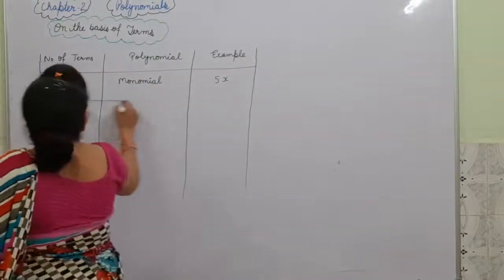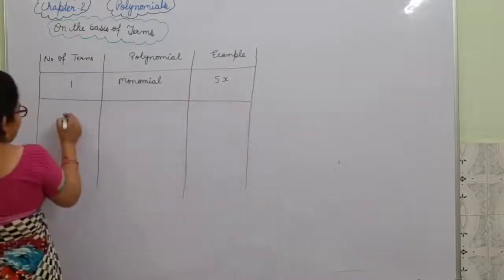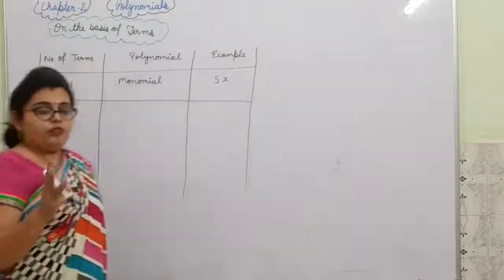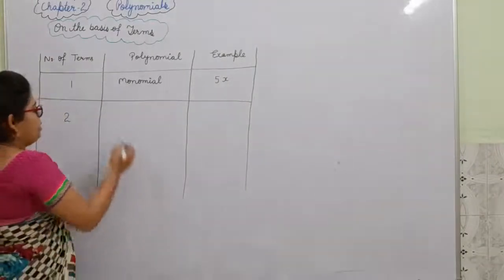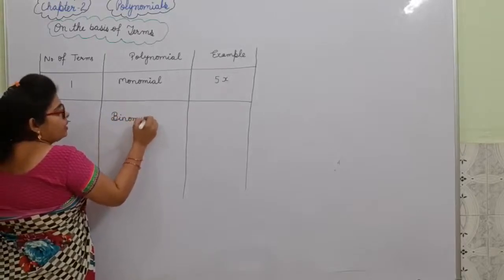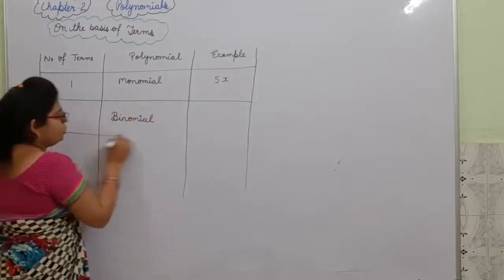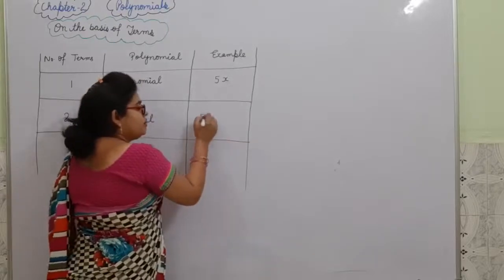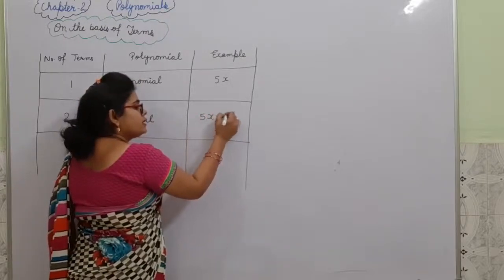Now, if number of terms are 2, if there are two terms, then it is called binomial. Binomial means 2, and let its example be 5x plus 9.